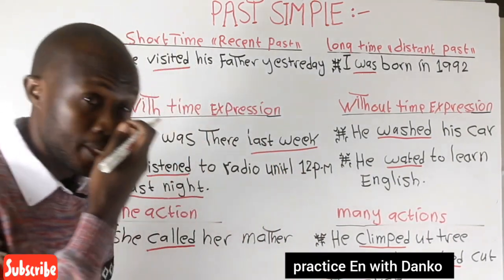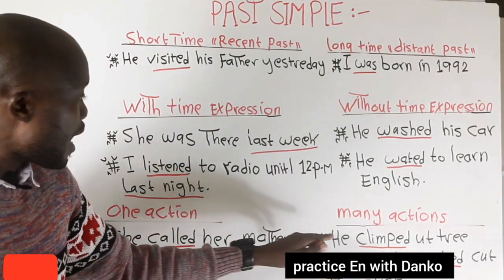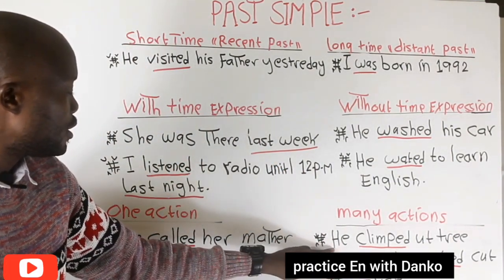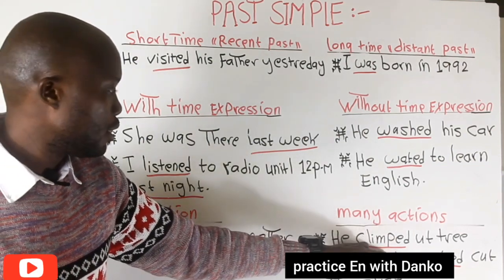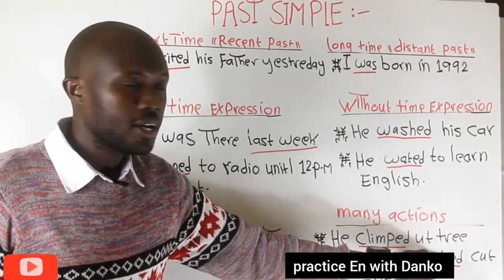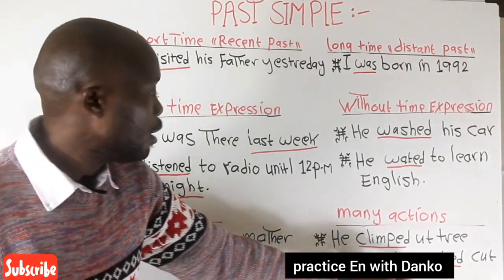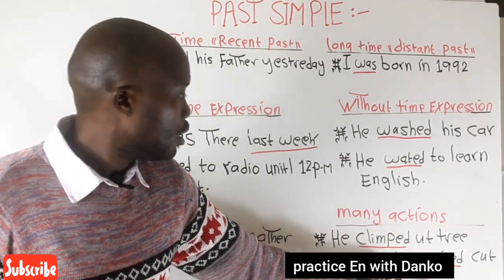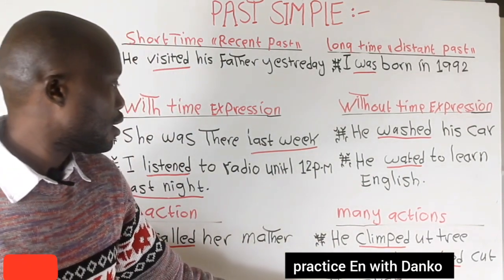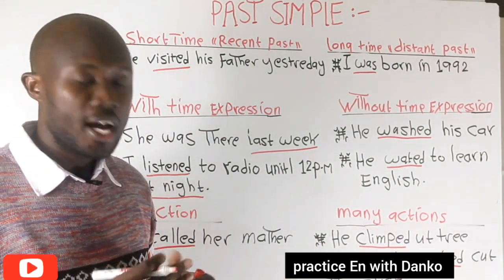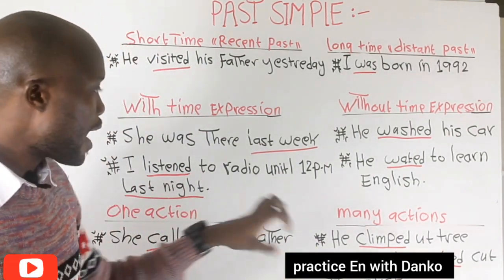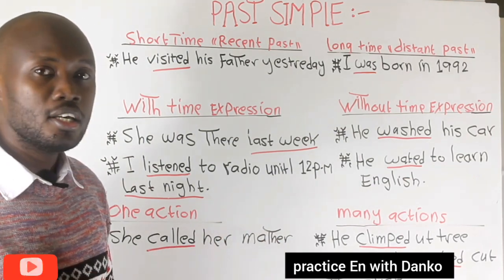There are many actions happening here. First, he climbed up the tree, climbed is the past, because he wanted to cut the stick. Here there is more than one action, many actions happening in this sentence.